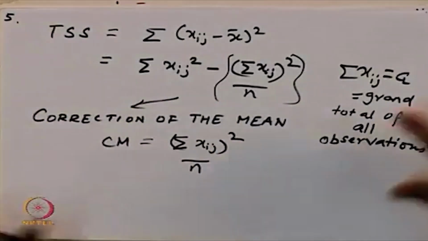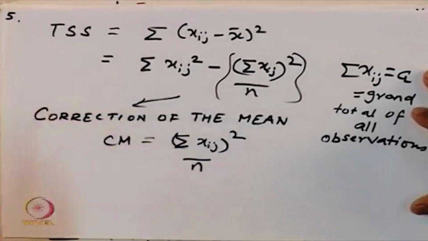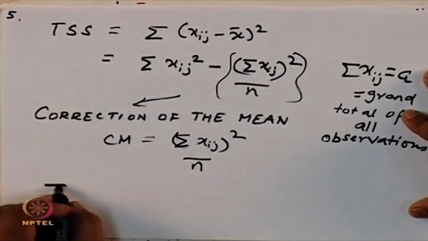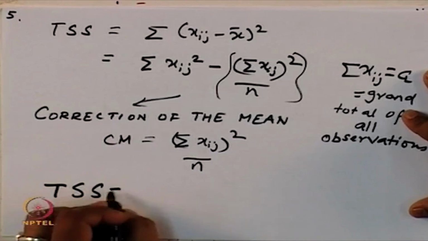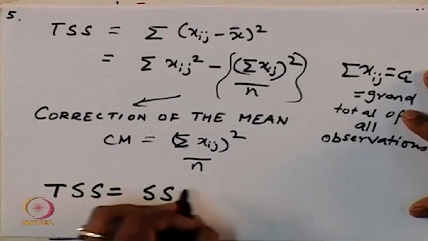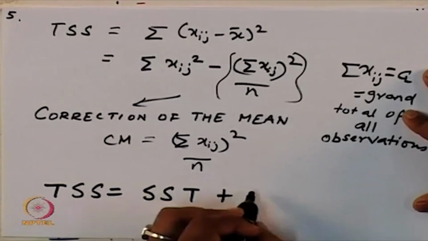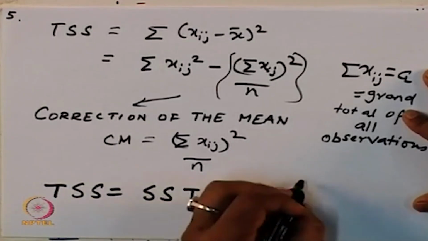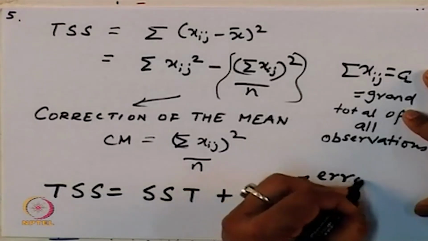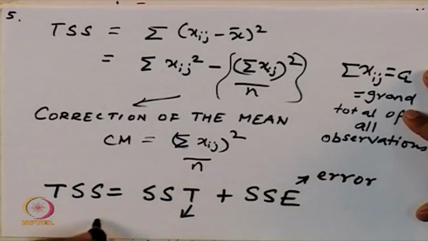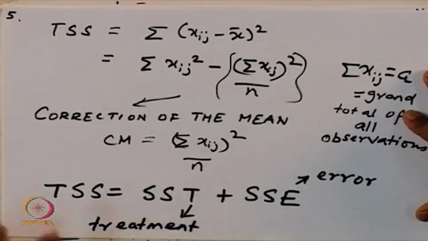Now, this total sum of squares is divided into two components. So, you write TSS is equal to one component called sum of squares for treatments and sum of squares for errors. So, E is for error and T is for treatment.